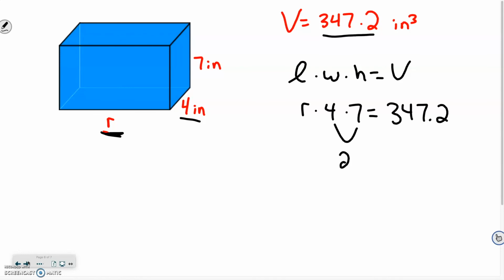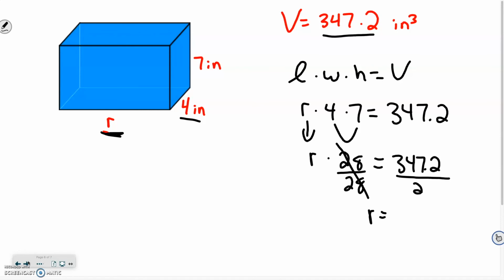Let's do that first. 4 times 7 is 28. R, bring down the R. R times 28 equals 347 2/10. Now I don't know what to multiply by 28 to get 347.2. So I'm going to divide this side by 28. Cancels out. Now I just have R. Divide this side by 28.